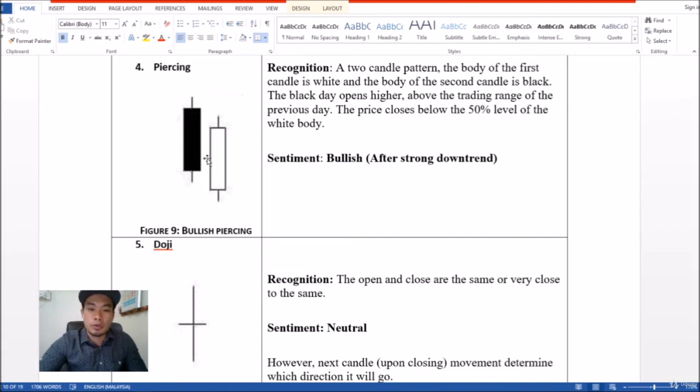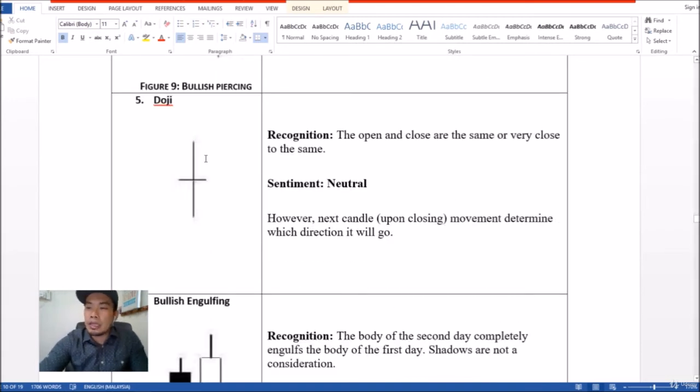of price will occur. And okay, this is the doji. As you can see for the doji, the open and close are at the same price, and it results in this one flat area. There is no real body, so the sentiment is actually neutral.